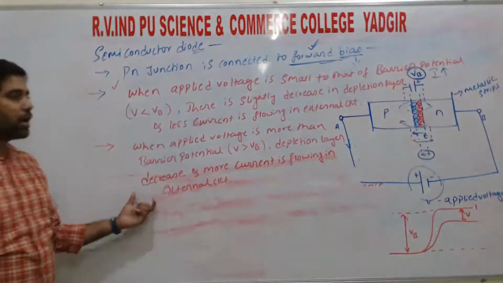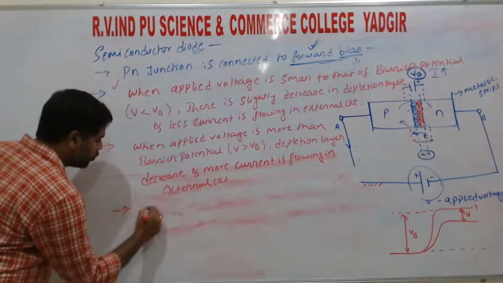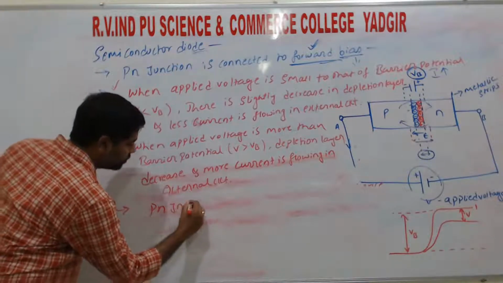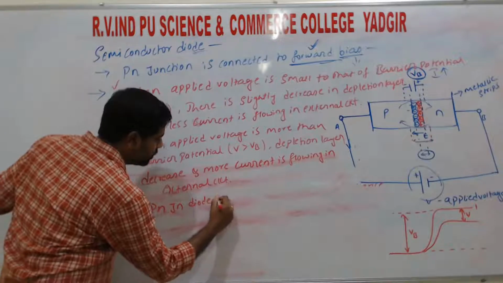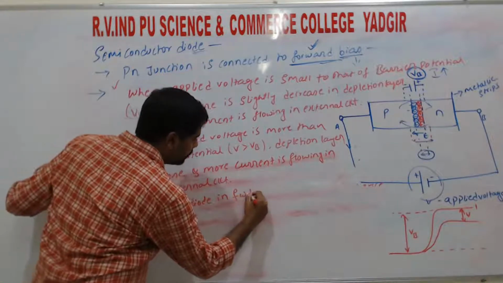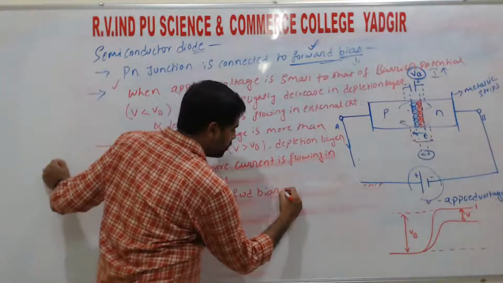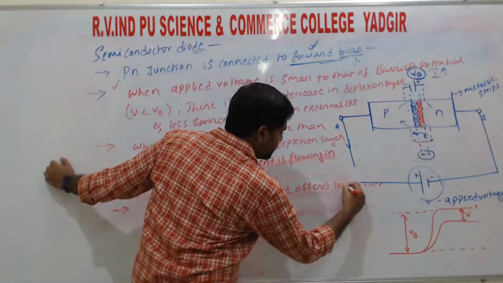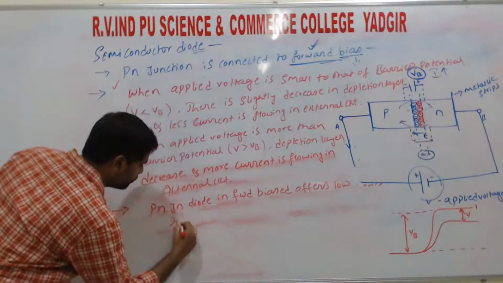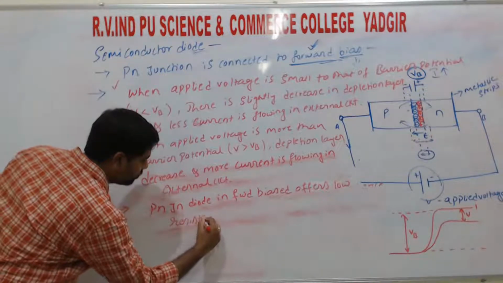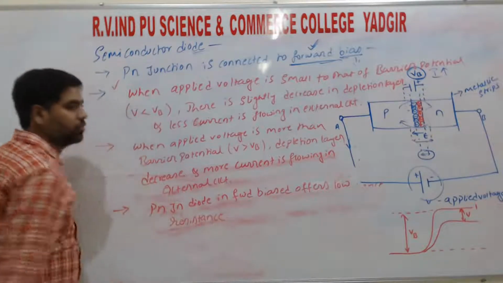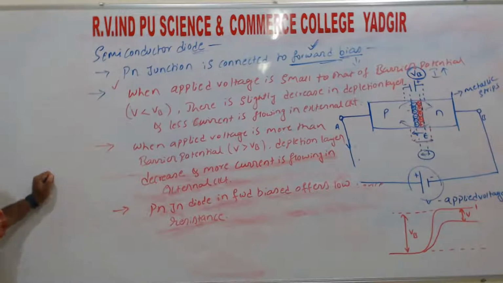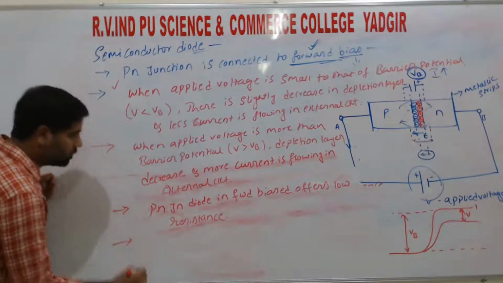So as more current is flowing, the PN junction diode in forward bias offers low resistance, right?